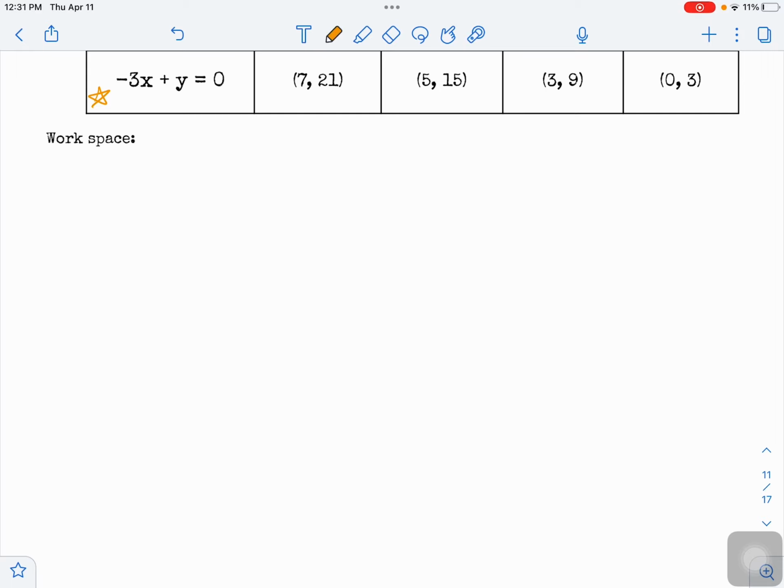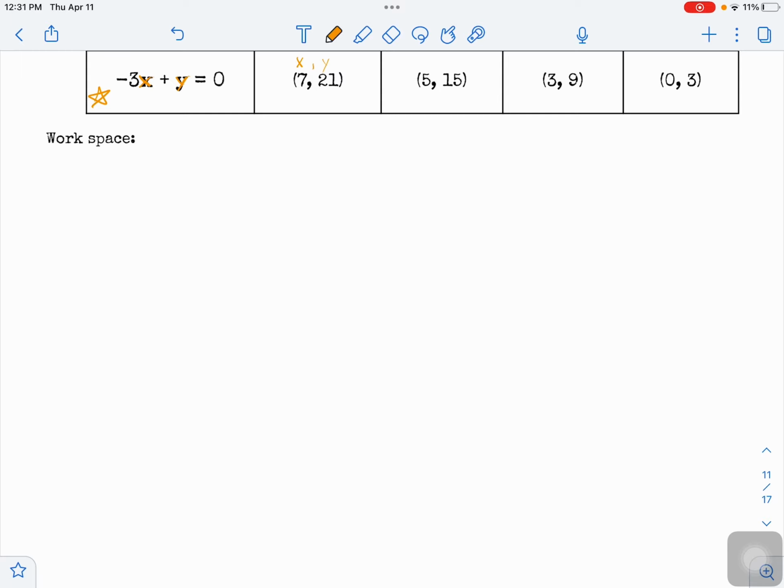So we're going to take each x and each y one at a time and see if they fit with this x and this y to make a true statement.